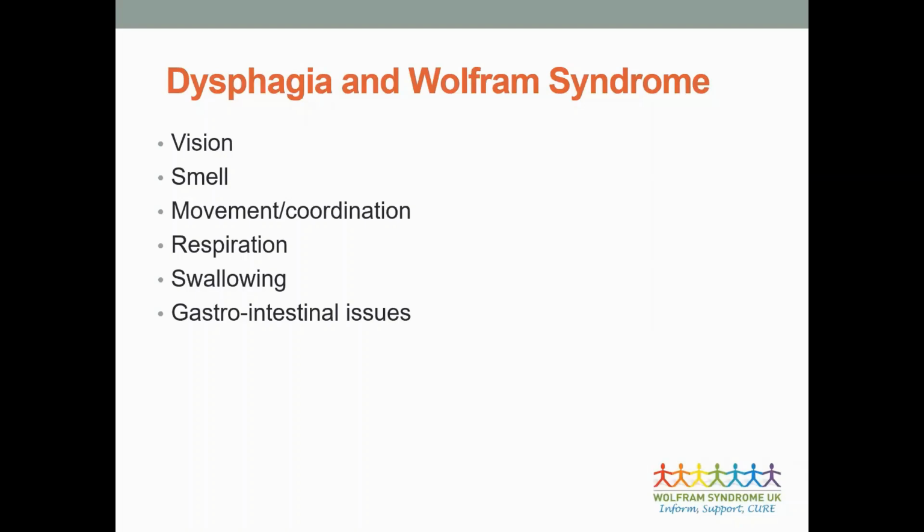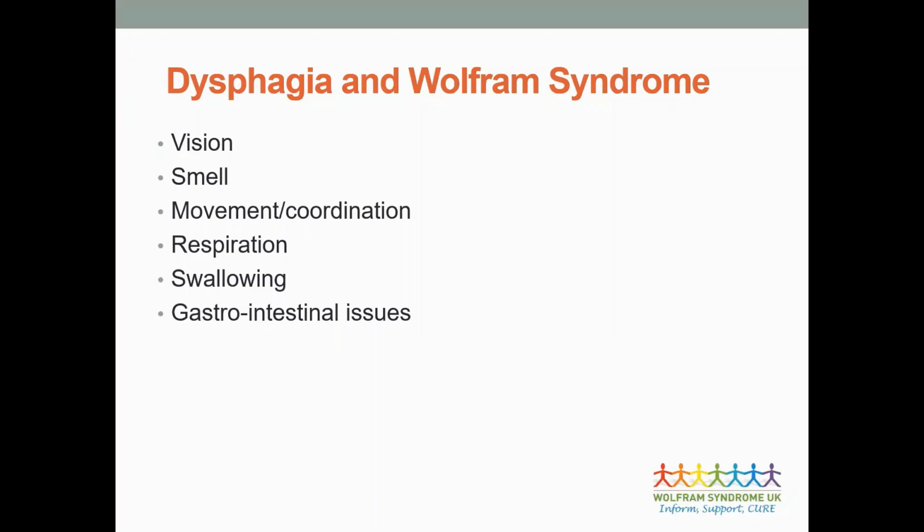If we think back to the 4 stages of the swallow that I described, the pre-oral stage requires or utilizes your vision and your smell, and optic atrophy is a symptom of Wolfram syndrome, so that it can impact that stage a little bit.